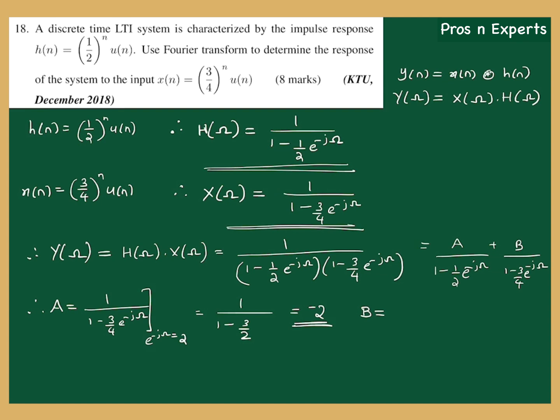B is equal to 1 by 1 minus half e raised to minus j omega evaluated at e raised to minus j omega equal to 4 by 3, and that will give you 1 by 1 minus 1 by 2 into 4 by 3, which is 1 minus 2 by 3, right? Yeah, so that is 3. Okay, so B equal to 3.